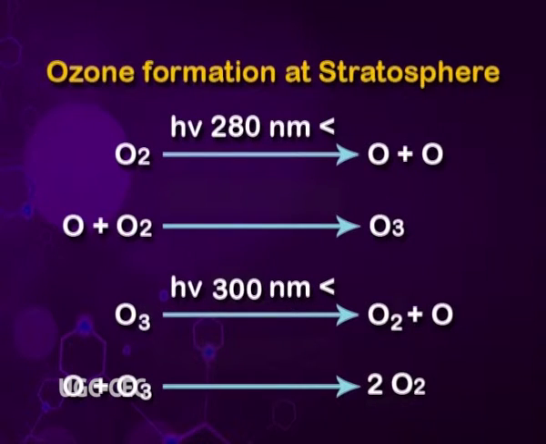Ozone also absorbs the ultraviolet radiations between 280 to 315 nanometer of the extraterrestrial sunlight in the stratosphere, and then it splits to oxygen and monooxygen. Now, these photochemical conversions require high energy ultraviolet radiations available in the stratosphere.